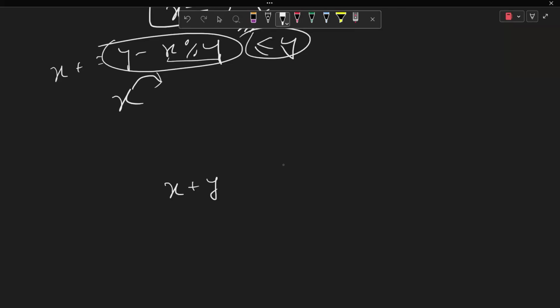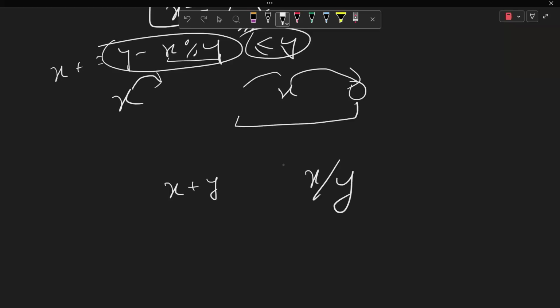What I'm actually saying is, to whichever group x belongs, the modulo y groups I had written, it would go to the end of the group. That's the first thing. Now, once it reaches the end of the group, it would be divided by y continuously. To whichever group it belongs, how many groups can you have?